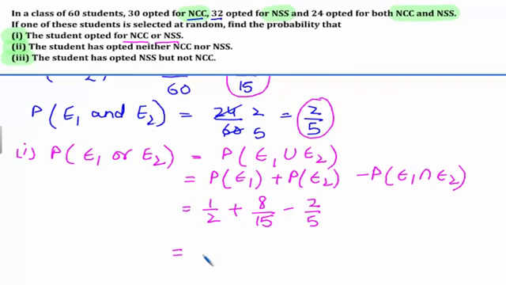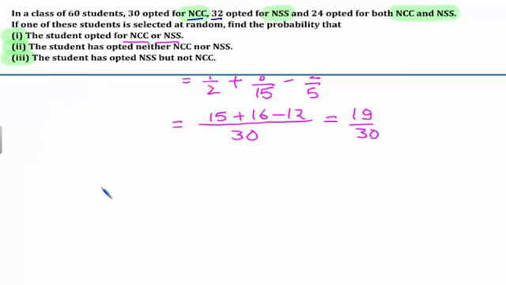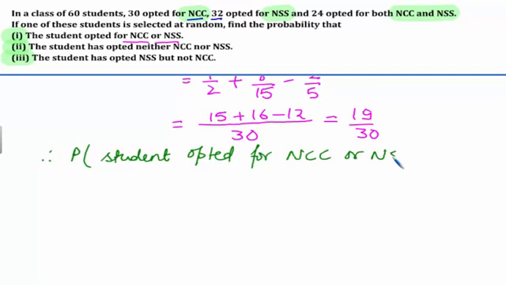So on simplification we get in the denominator 30 as LCM. In the numerator we get 15 plus 16 minus 12, which is equal to 19 upon 30. Therefore, probability that the student opted for NCC or NSS is equal to 19 upon 30.